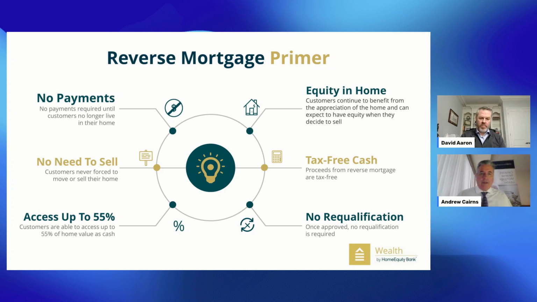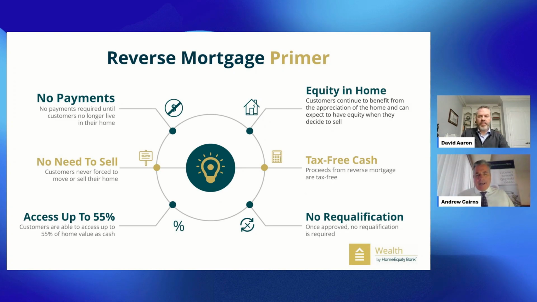We explained in the last video that's not every client. In fact, the younger a client is, starting at age 55, the lower amount that they would qualify for. It's a lower loan to value, which is the technical term we use. And then as a client gets older, age 83 approximately, they could qualify for 55% of the value of their house. So it really comes down to the value of the house and the client's age as the most important factors.